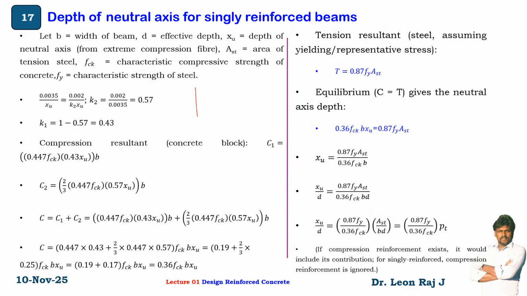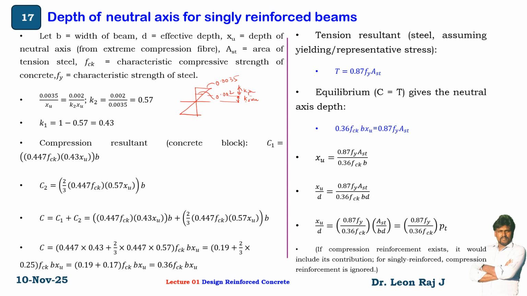So we know that the strain varies linearly. We have two portions, that is 0.002 and 0.0035, and this is the depth of neutral axis. You just differentiate these two portions: K2XU and K1XU.